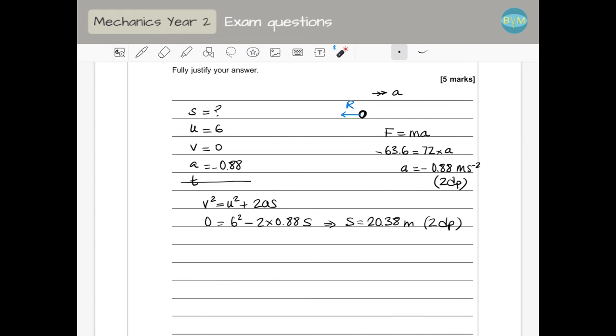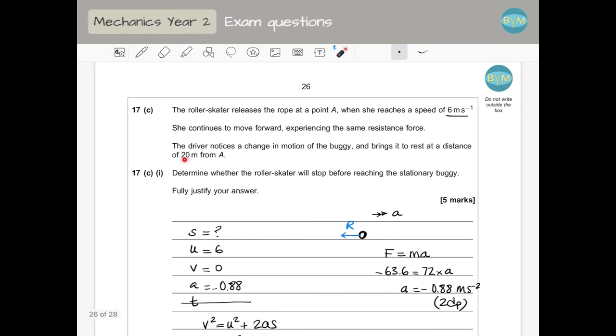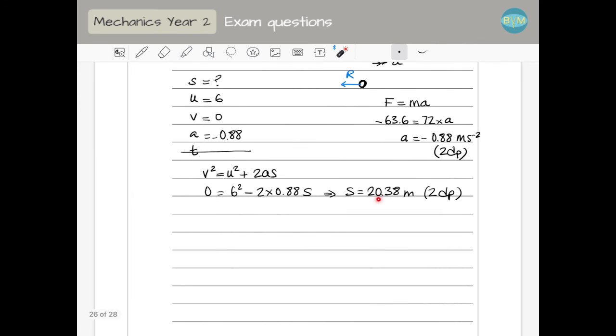This is more than the 20 meters that takes for the buggy to stop. So that means the skater hits the trolley, the buggy, because it needs 20.4 meters to stop, while the other has to stop in 20 meters.